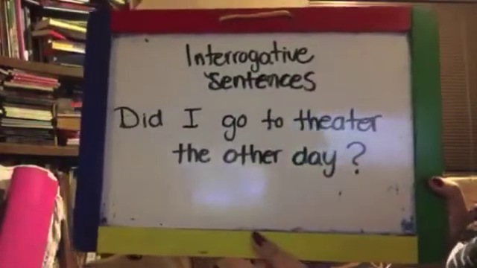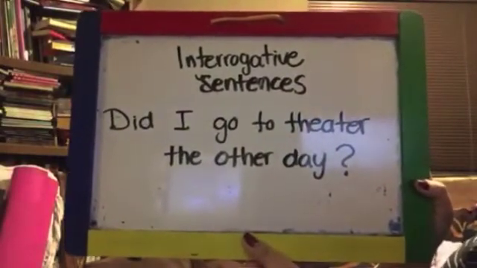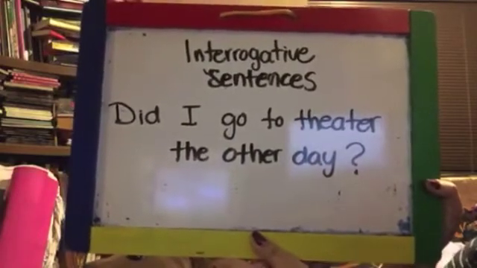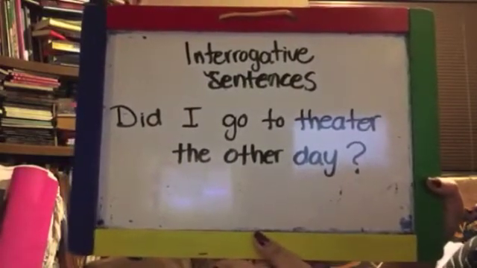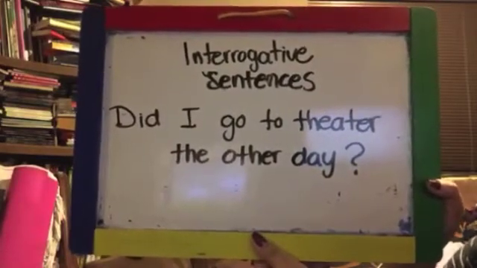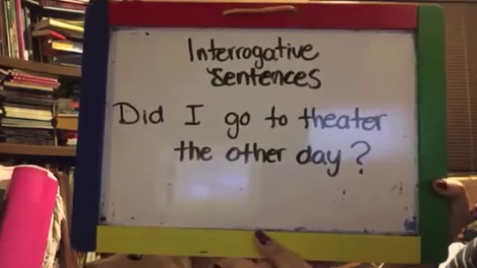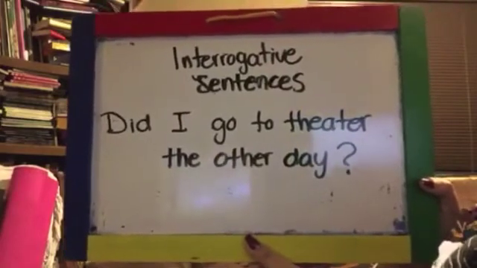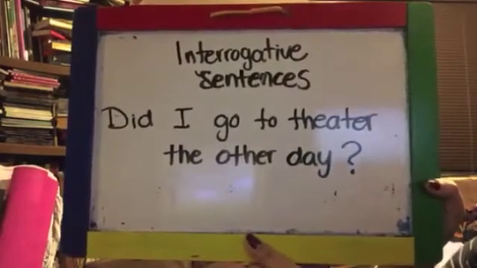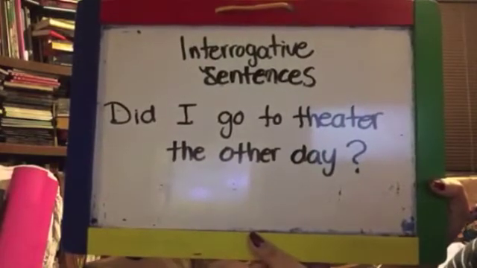And for the last type of sentence, we have interrogative sentences. We should have the auxiliary verb, which is did, at the beginning, and then the subject, which is I. Also remember that the verb of the sentence should be in simple present.